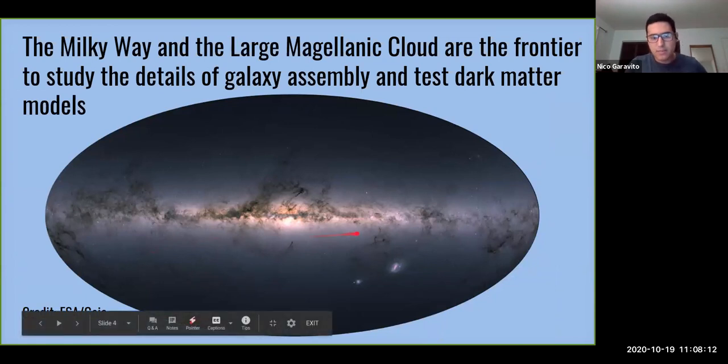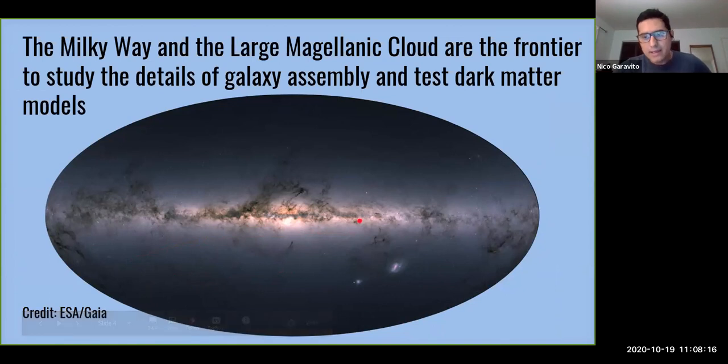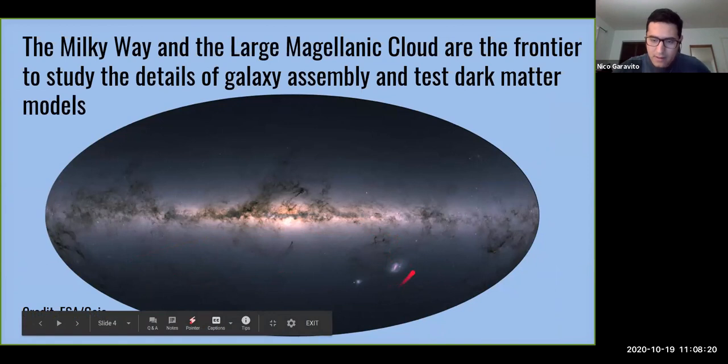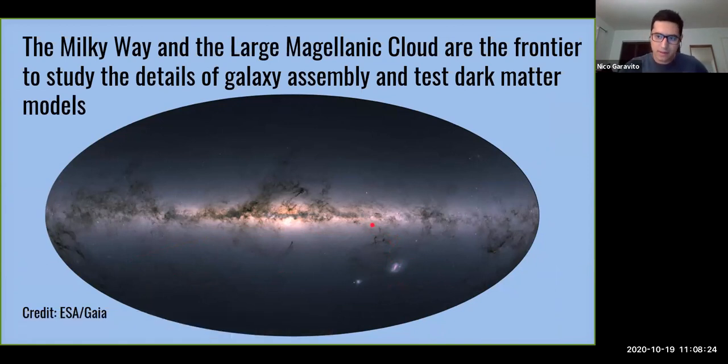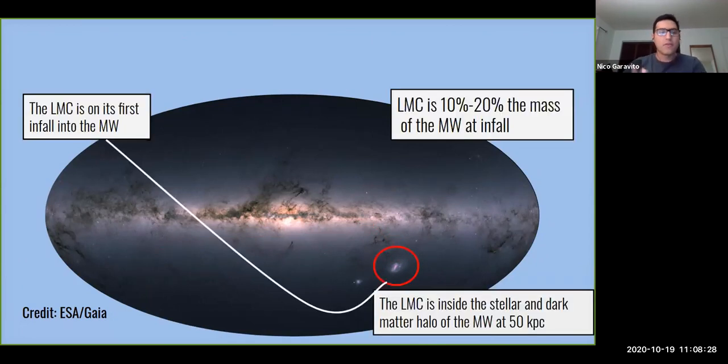So this is the very nice picture that Gaia provides us. And what I would like to highlight in my talk is that the Large Magellanic Cloud that you see here is also an opportunity to learn even more about dark matter and how the galaxy has assembled. So, a brief overview of the LMC and its interaction with the Milky Way. The LMC is currently on its first infall into the Milky Way.